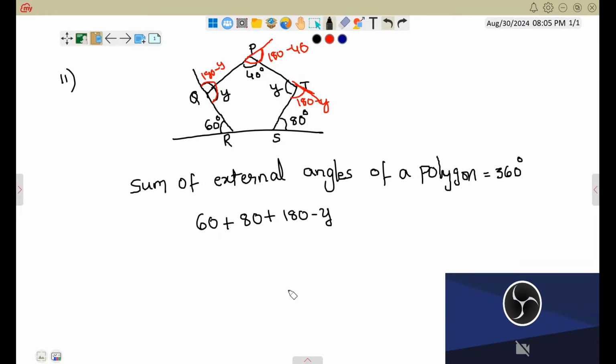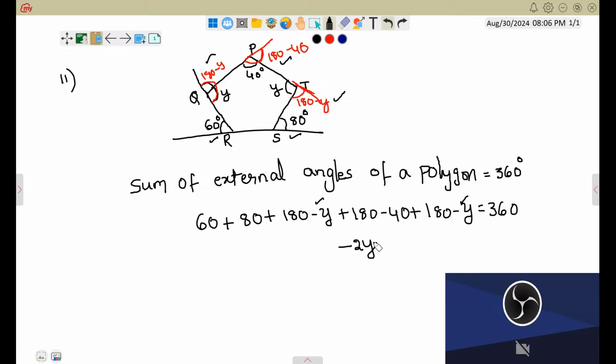One external angle we are taking 60, another 80, the third 180 minus y, the next 180 minus 40, and the last one 180 minus y, equal to 360 degrees. Now add the terms: minus y minus y is minus 2y.